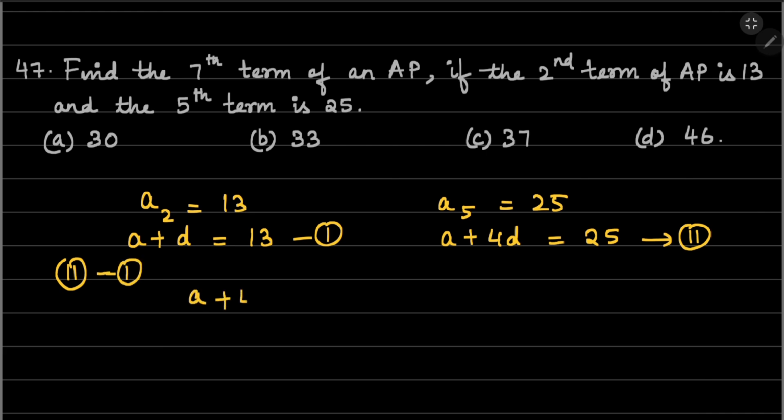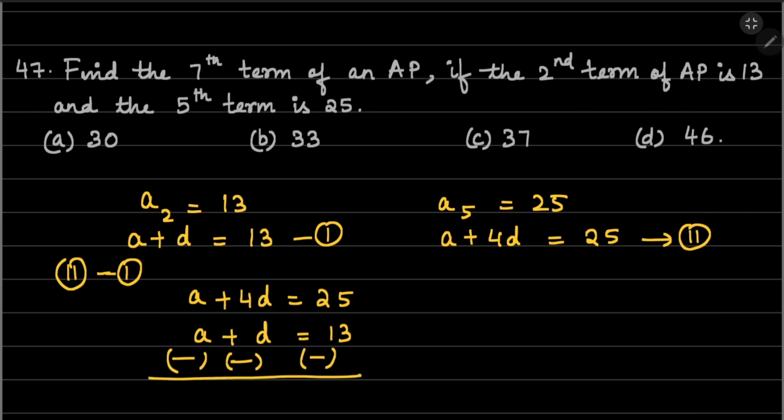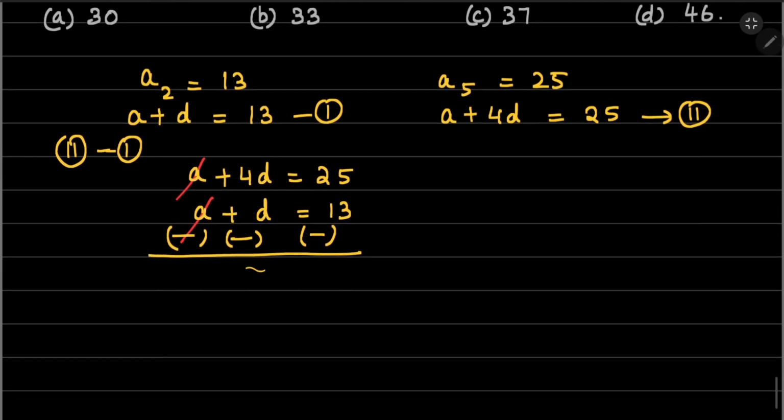Just subtract. So a plus 4d is equal to 25, a plus d is equal to 13. When you subtract, change the sign. This plus a minus a would get cancelled. So 4d minus d is 3d, which is equal to 25 minus 13, that is 12. d is equal to 4.